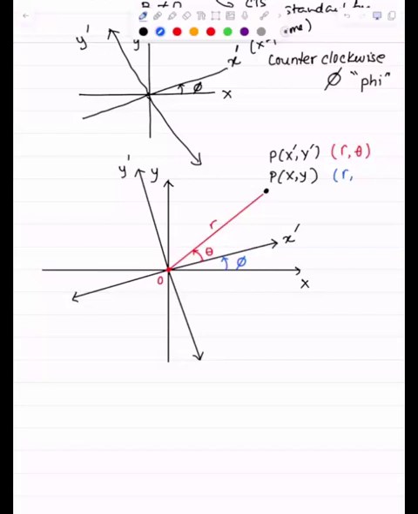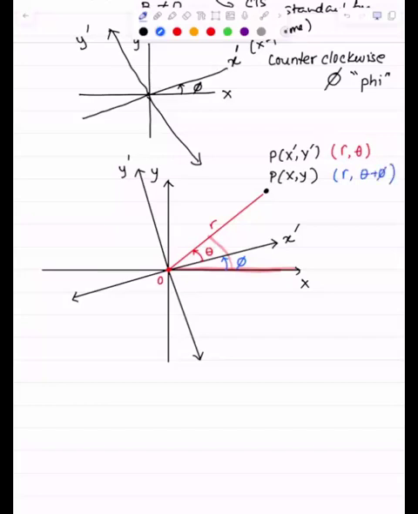But what's the angle? My polar axis is now the x-axis, right? Not that new x prime axis. And the angle, therefore, is theta plus phi.